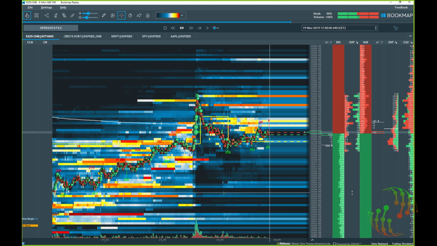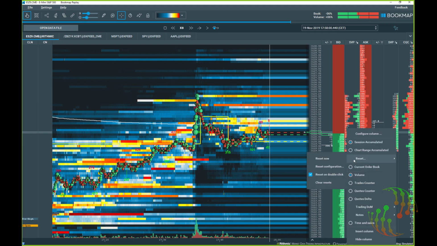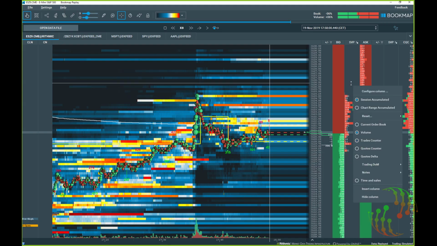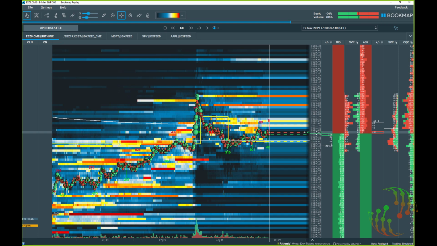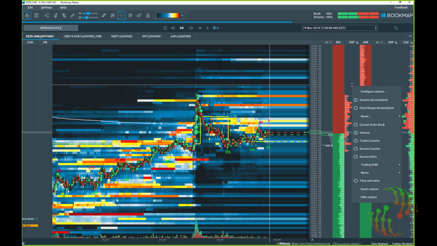By the way, with my method of configuring your book map, the way I did, you can click with your right mouse button, a window opens, click on the reset function here, and then select reset on double click. That means if you want to know really what is happening in this area, go back to the column you want to reset.